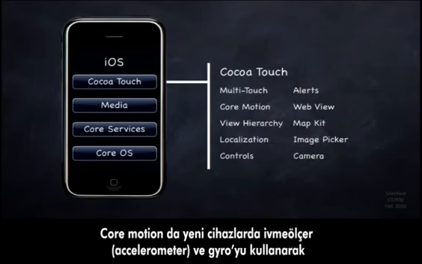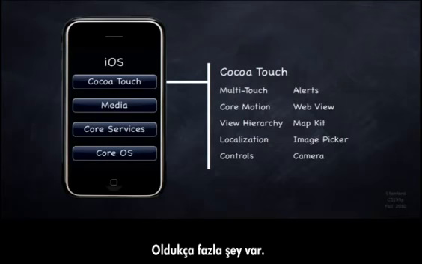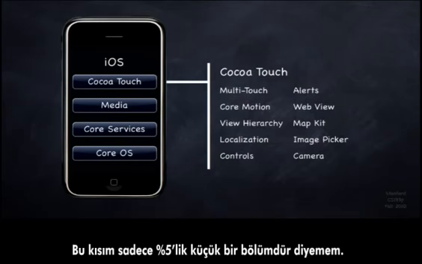There's also Core Motion, which lets you use the accelerometer and the gyro in the new devices to figure out the position of your phone in space. Just an enormous amount of stuff. This is a tiny fraction, 5%.